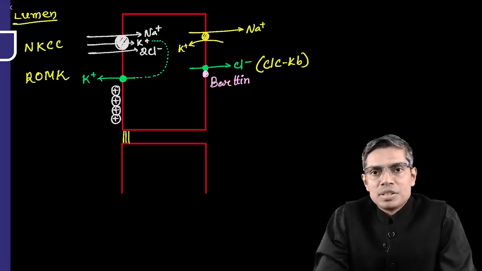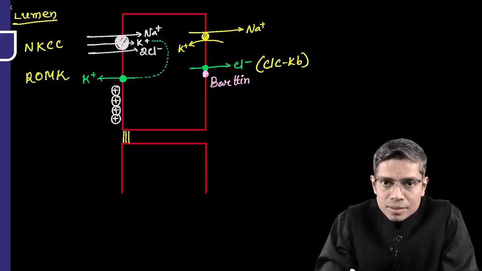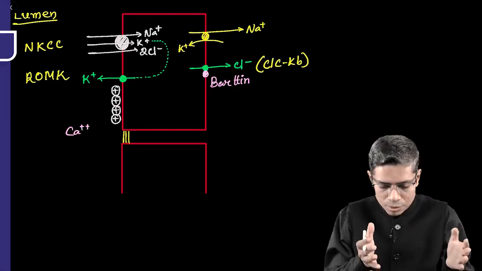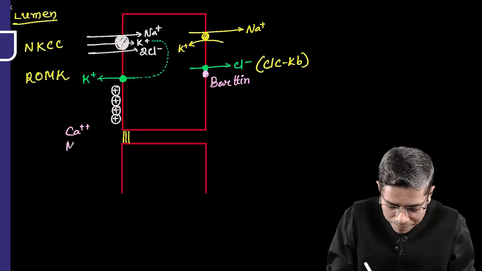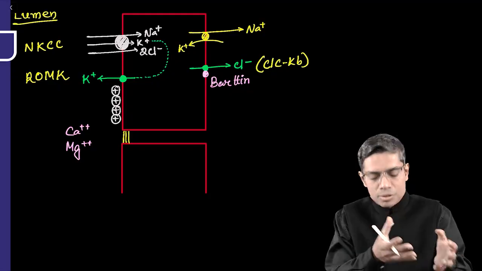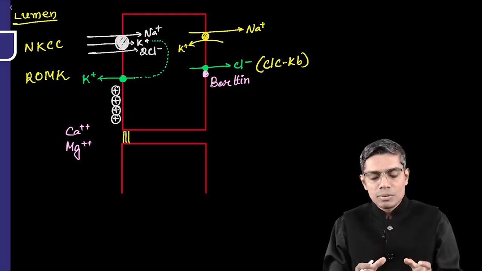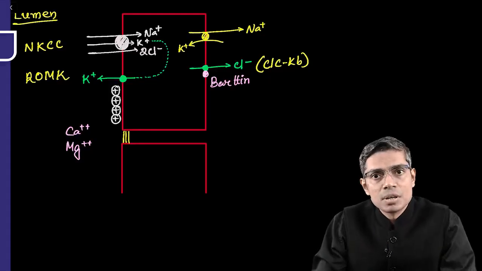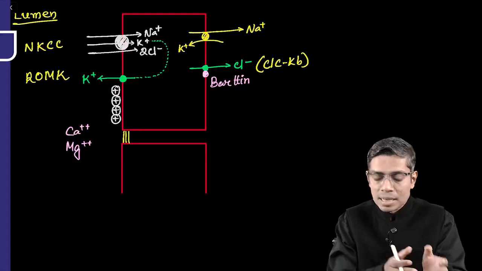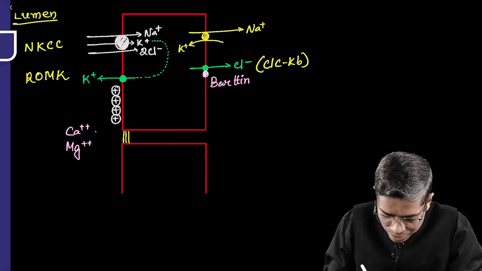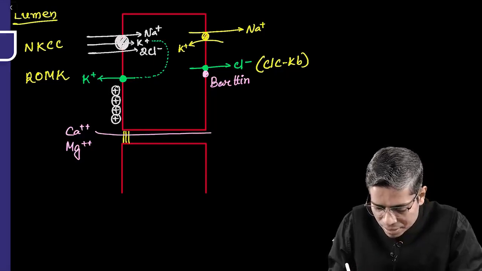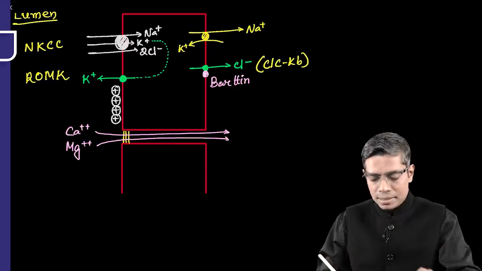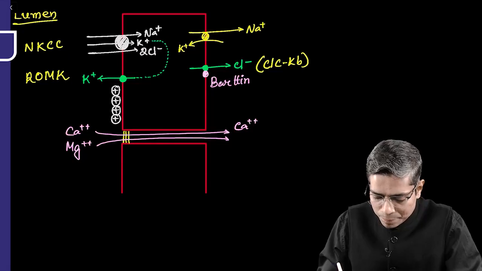Whatever positively charged ions are present in the lumen, like calcium, which is also in the urine, and magnesium, also a positively charged molecule already in the urine, will be pushed because of repulsion between these positive charges. They will be pushed through the paracellular pathway, through the tight junction, and reabsorbed into your capillary blood.